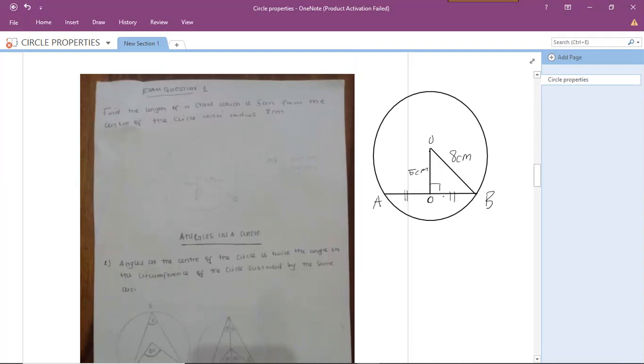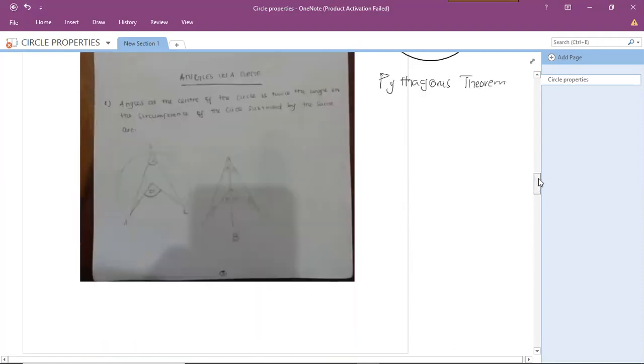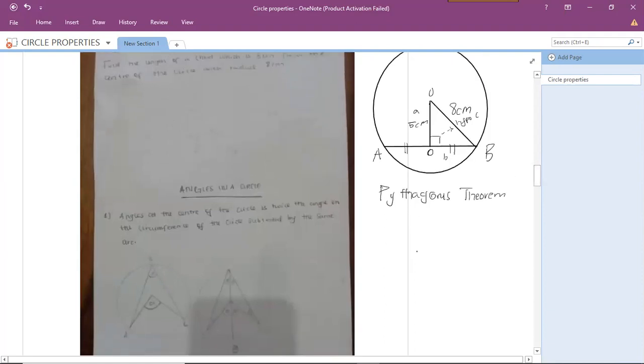So how do I find the distance OB? I'm going to use the Pythagoras theorem. If I extend this angle, this will become your hypotenuse, which is C. Then these are your two adjacent sides, which can be either A or B or vice versa, because 1 plus 2 is the same as 2 plus 1.